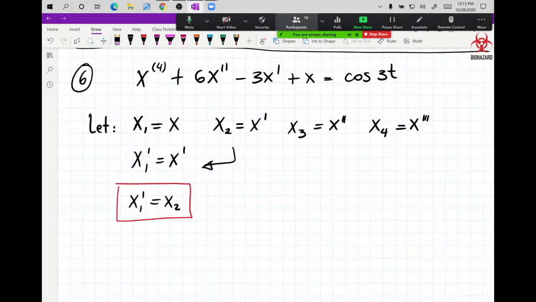Let's do the blue like we did in a previous problem. So we have one of our equations right away because we were able to do that.